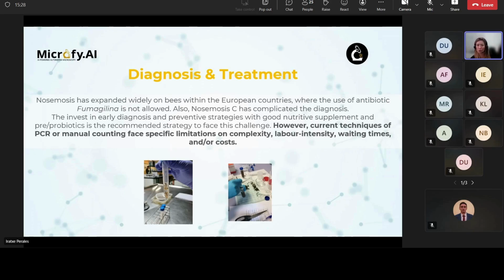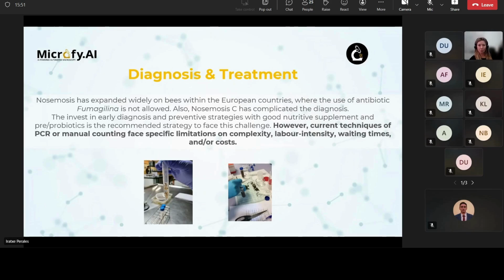probiotics and postbiotics, and also different supplements, because it has been clearly demonstrated that good supplements applied to beehives help them to overcome the problems of nosemosis. Because if you supplement correctly to the beehives, then the weaknesses of the nosemosis are reduced.